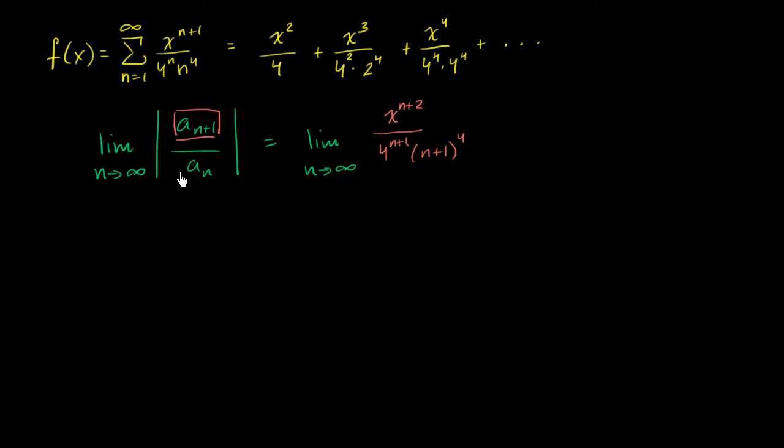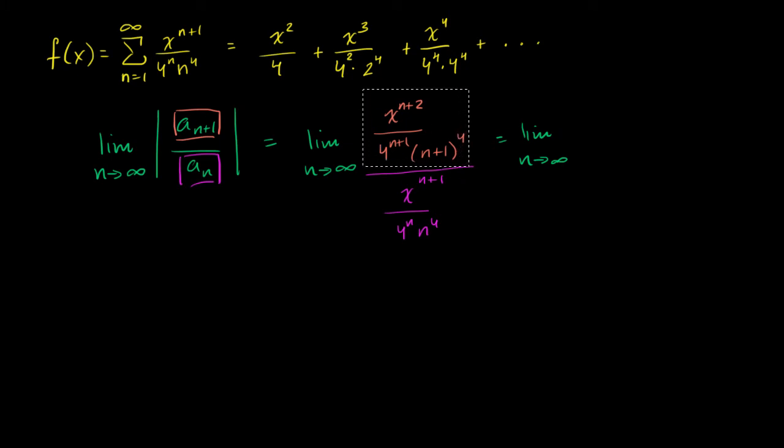And we're going to divide that by the nth term, which is just going to be x to the n plus 1 over 4 to the n times n to the fourth, which of course is going to be the same thing as the limit as n approaches infinity of, I can just copy and paste this, this.